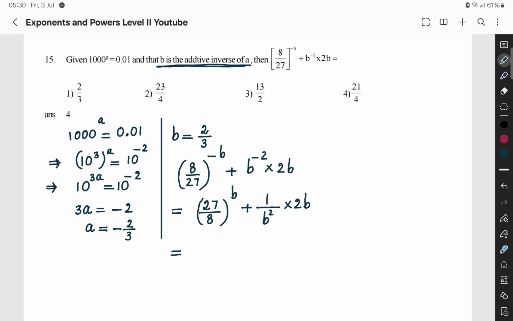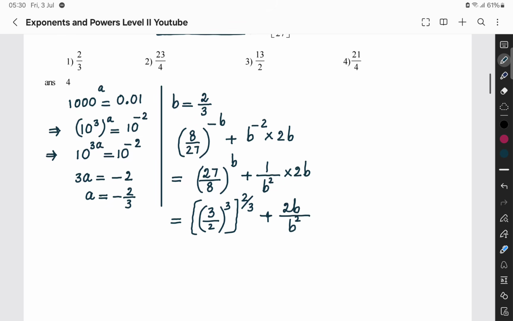So which is equal to 3 by 2 whole cube whole to the power of 2 by 3 plus 2b by b square. So this can be written as 3 by 2 whole power a power m whole power n. If we multiply 3 and 2 by 3, you will get 2 plus 2 by b.